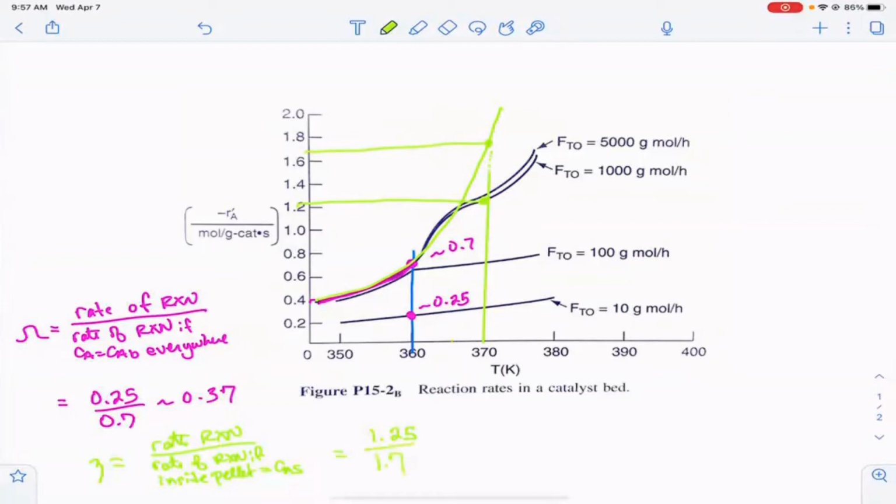And that is something like 1.7. Again, I'm just kind of eyeballing this. And 1.25 over 1.7 is something like 0.7. So we could use the data here to calculate our internal effectiveness factor and the overall effectiveness factor for the process.